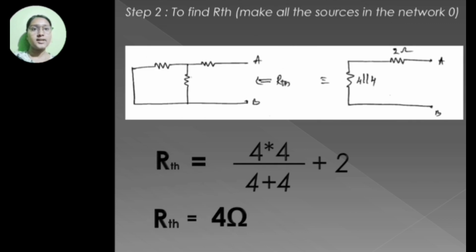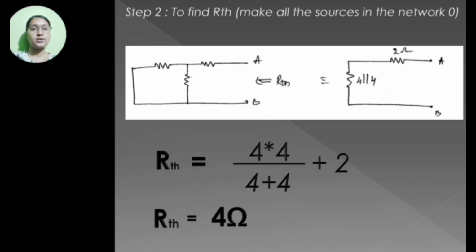Next step, to find the RTH, make all the sources in the network zero. R1 is parallel with R2. We know the parallel formula: R1 into R2 divided by R1 plus R2. So Thevenin's resistance RTH is equal to 4 into 4 divided by 4 plus 4, plus 2. 4 into 4 is 16, divided by 4 plus 4 which is 8. 16 divided by 8 is 2, plus 2 is 4 ohm.